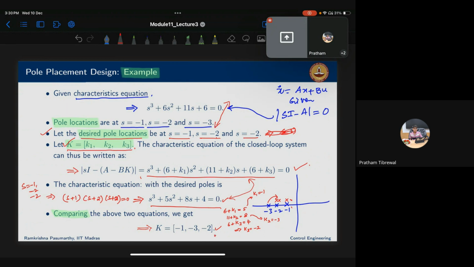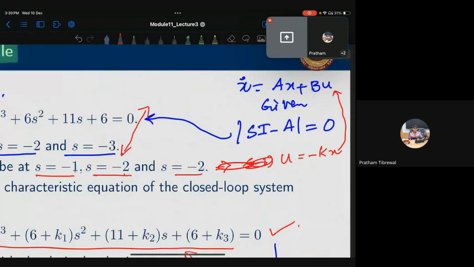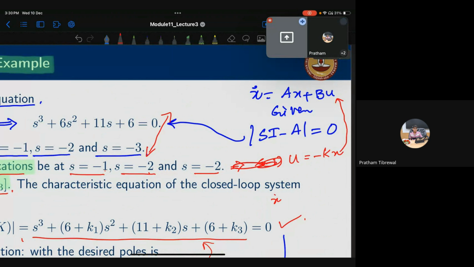Now if you have this K matrix, what is the control law you have considered? u is equal to minus Kx, correct? If you substitute here, x dot is equal to Ax plus B times minus Kx, correct?